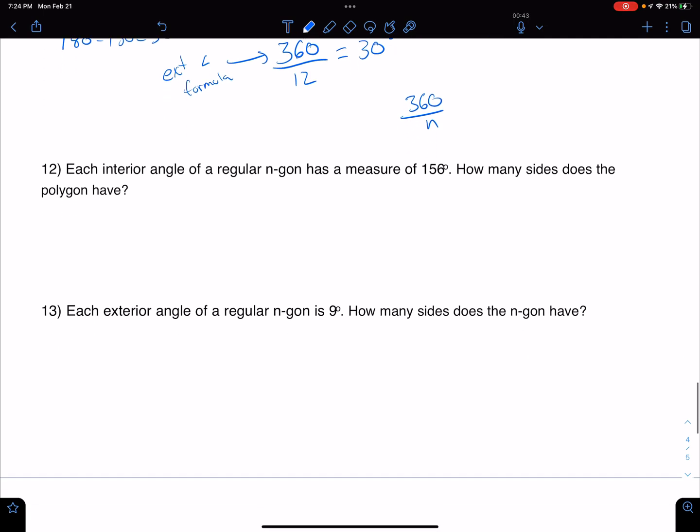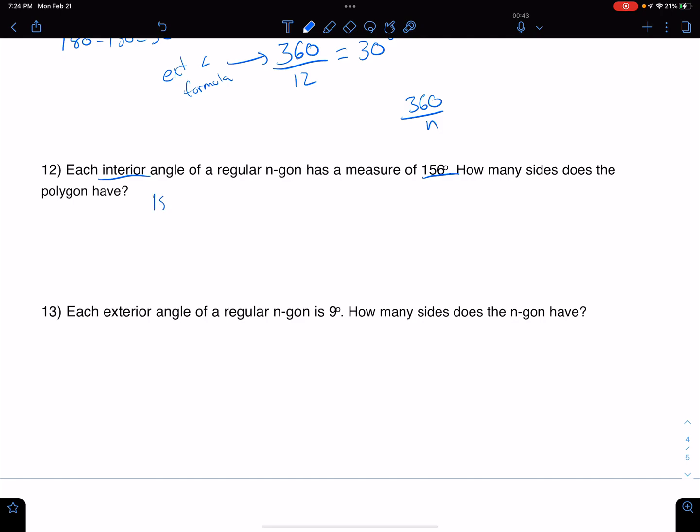Okay, 12 says each interior angle of a regular n-gon has a measure of 156. How many sides does the polygon have? If the interior angle is 156, the exterior angle is 180 minus 156, so that's just 24 degrees. By the exterior angles theorem, I could say 360 divided by n is equal to 24.